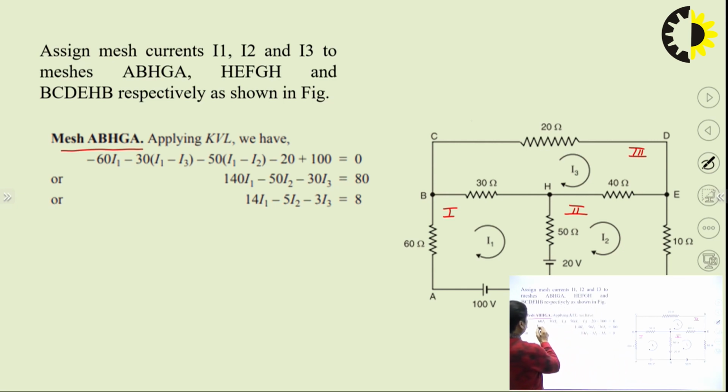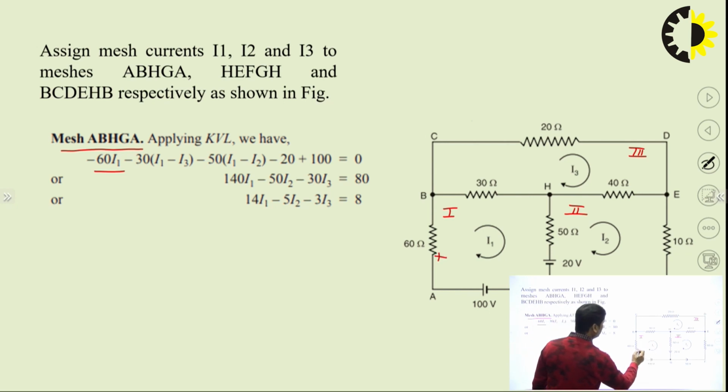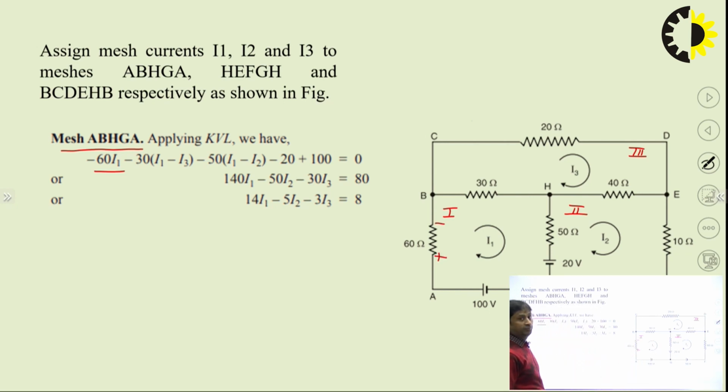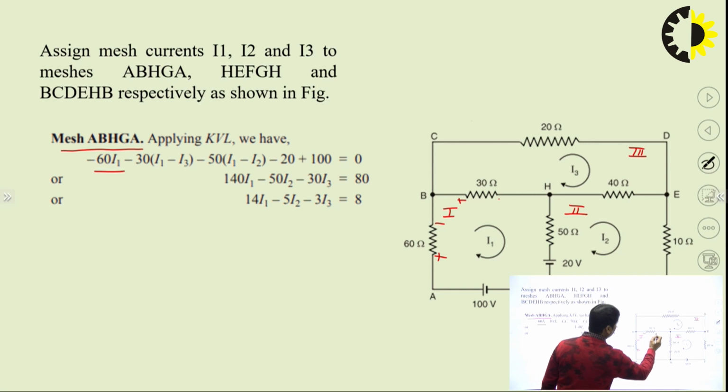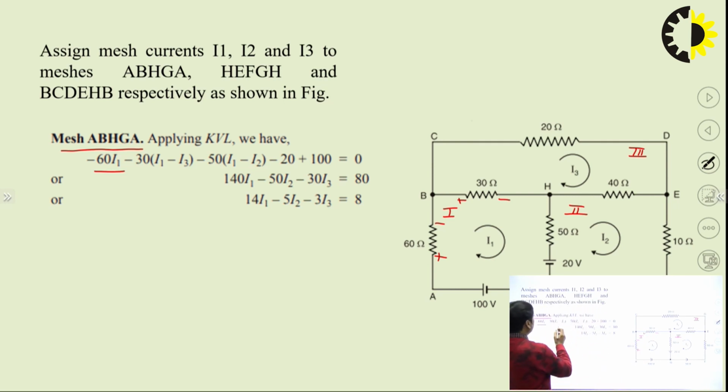So minus 60 I1, since the current is I1, this is high potential, this is low potential. Current always flows from high to low potential. So minus 60 I1, minus 30 here, this is plus, this is minus, but this branch is shared by the third loop, so the effective current will be I1 minus I3.